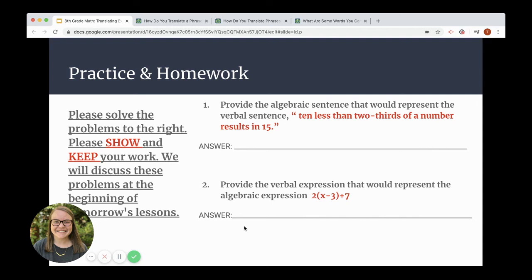Number 1 states, provide the algebraic sentence that would represent the verbal sentence: 10 less than 2/3 of a number results in 15. Number 2, you are going to be translating to a verbal expression to represent the algebraic expression that is written there.